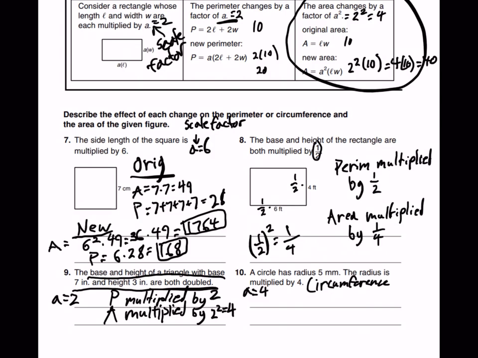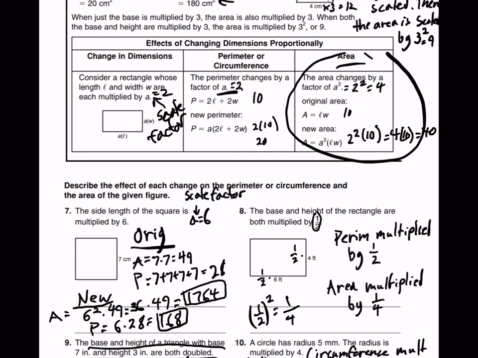So circumference is multiplied by 4, and the area is multiplied by 4 squared, which is 16. So whatever the original area was, times 16 gives me the new area. To find the new circumference, I would just do the original circumference times the scale factor, 4.